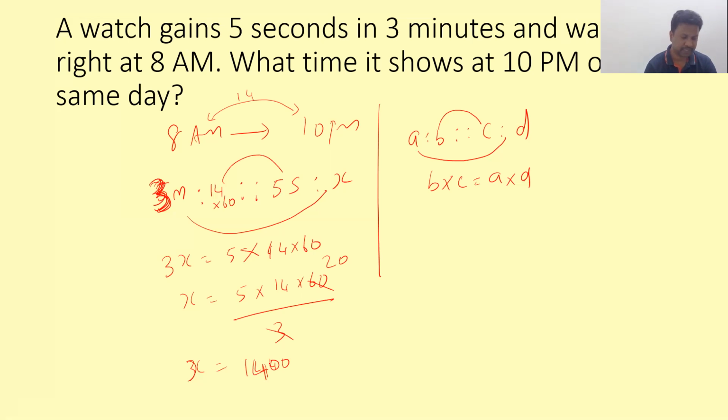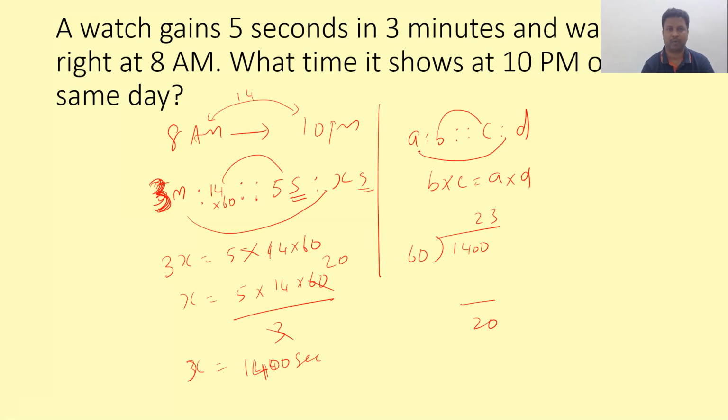This is in seconds, because the other quantity is in seconds, so the same units will be there. So I'm getting 1400 seconds. Converting into minutes, 1400 divided by 60 gives 23 minutes, and the remainder is 20 seconds.